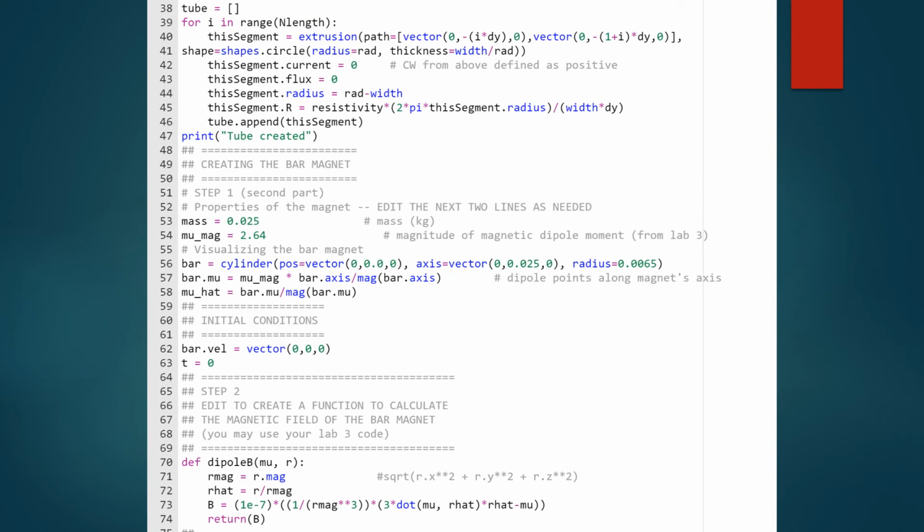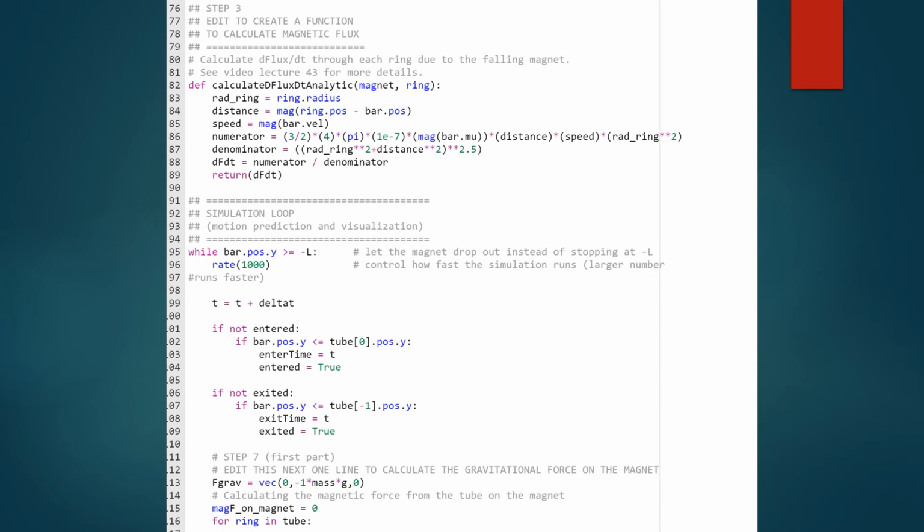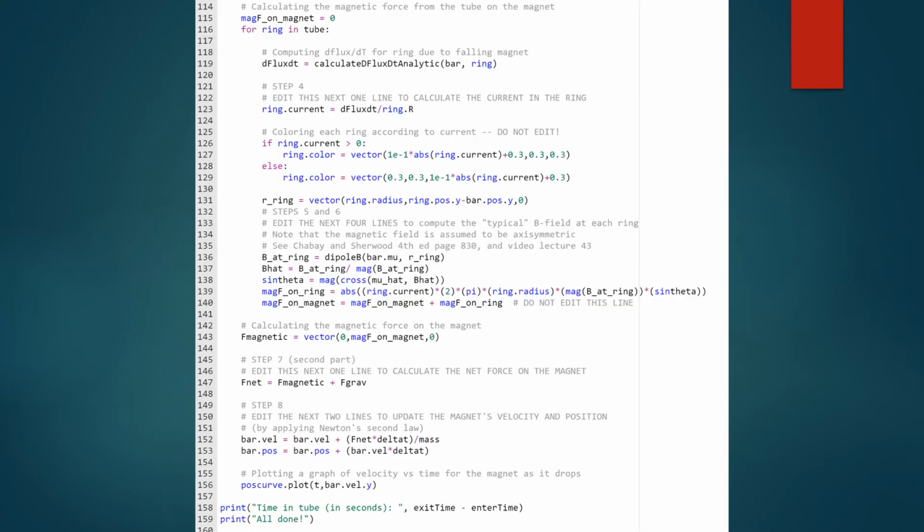And so then we have our data where we are representing the bar magnets and making the tube and graph function. And then this is calculating the magnetic force and how it's being affected as it goes down the tube, and the velocity.